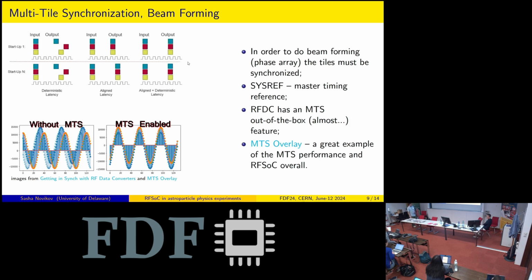And of course, you need a very stable reference clock for that. And the RF data converter IP has this feature which works almost out of the box. I mean, it works perfectly with the standard examples that Xilinx provides. But if you want to change something, of course, it's not as simple. But nevertheless, it works great.